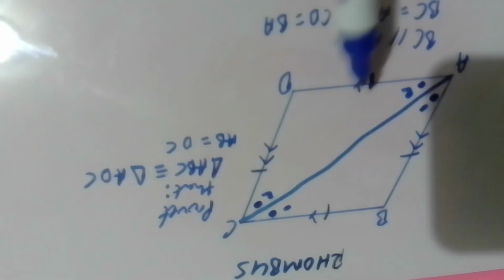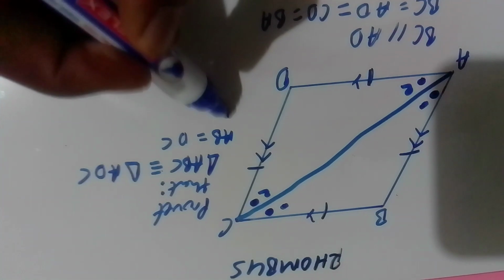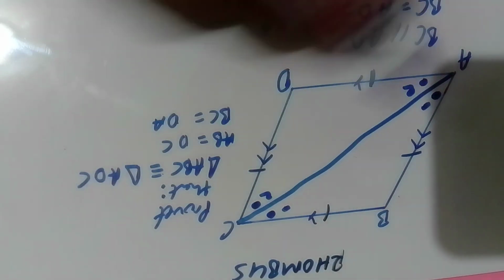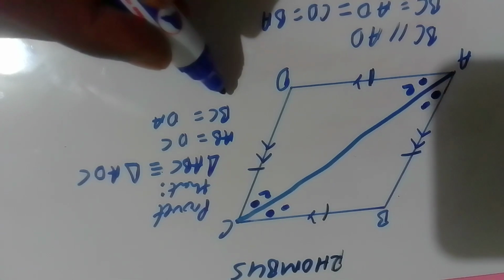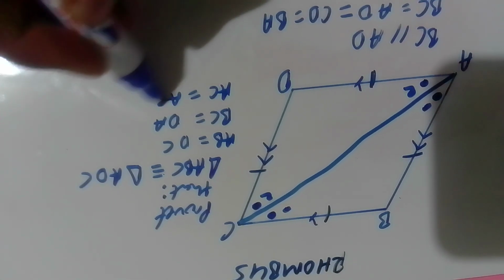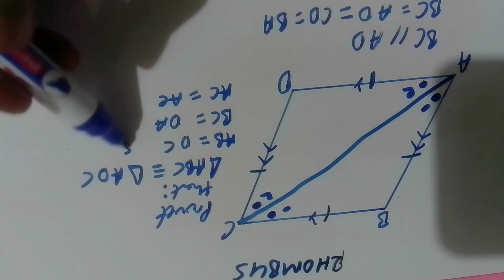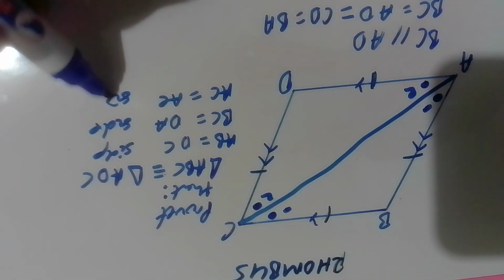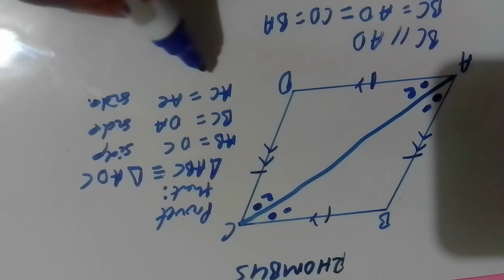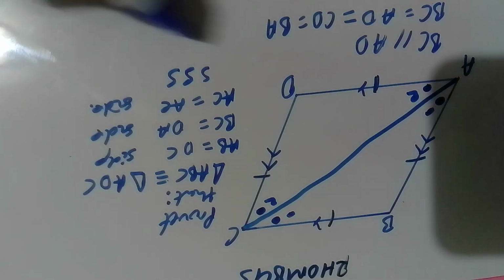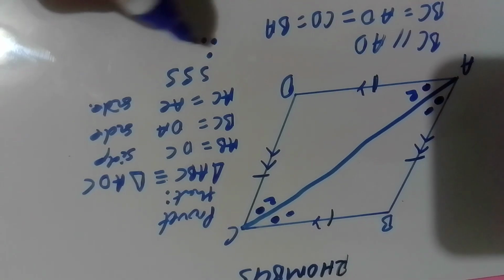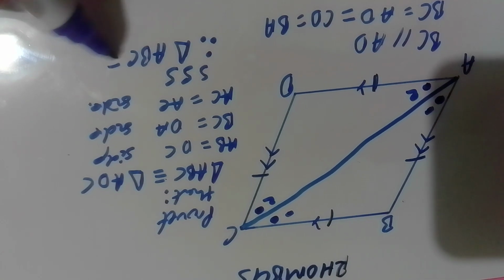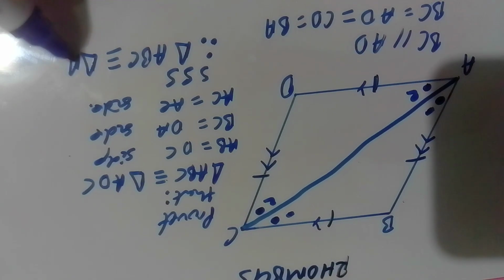Then I say BC is equal to DA, and CA, or AC rather, is a common line. So we say AC is equal to AC. This is a side, that is a side, that is a side. So I've used triple S, side, side, side, as my reason. And when I've proven that, I say therefore triangle ABC is congruent to triangle ADC.